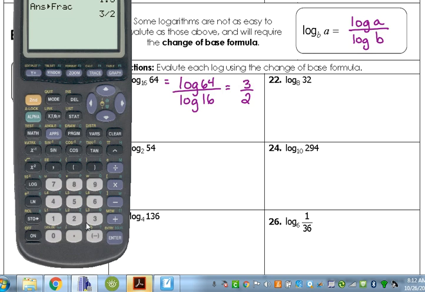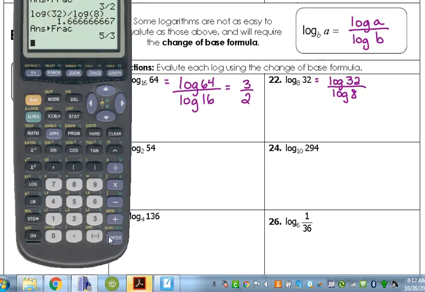Number 22 is similar to this. 8 and 32. 32 is not a power of 8, but they could both be written as powers of 2. But we're not going to stress out over that. We're just going to put the log of 32 divided by the log of 8 into our calculators, and we're going to get this number that we can express as 5/3.